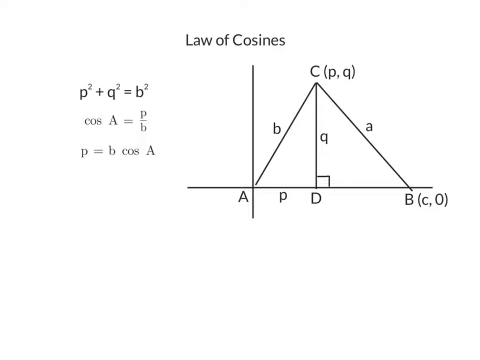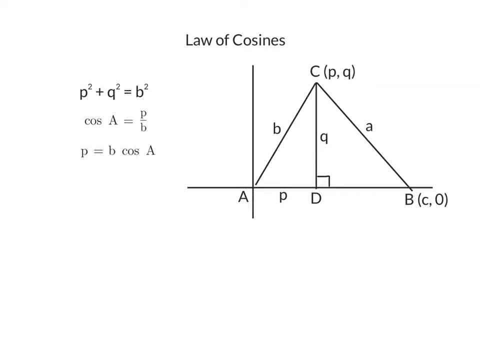Now, I want to find an expression for A squared in terms of C, P, and Q. Now, if I look at this, I notice I have another right triangle, CDB, and if I can use all the sides of that triangle, I can get an expression for A squared. Well, I know that CD is equal to Q. Now, what is DB equal to?